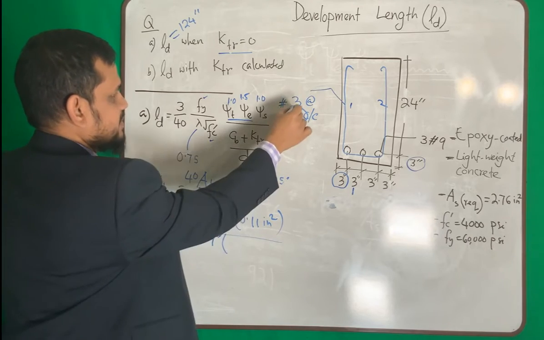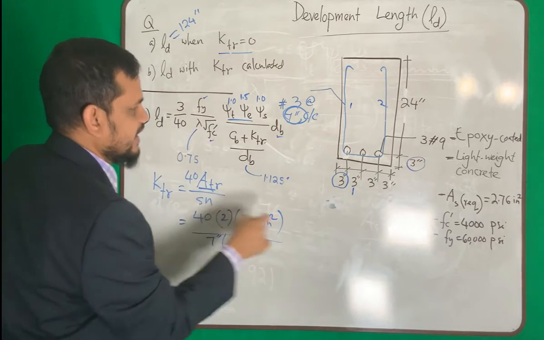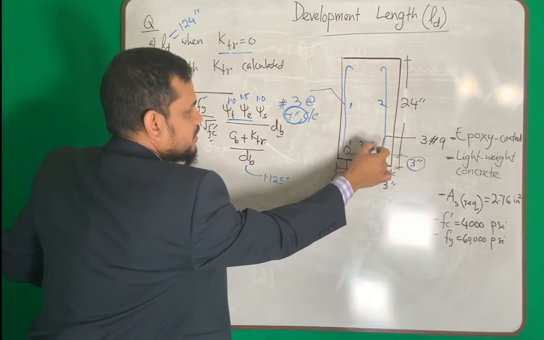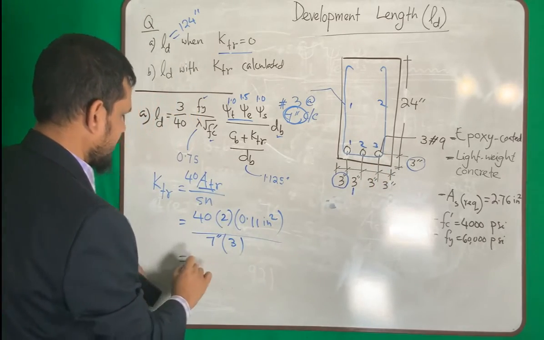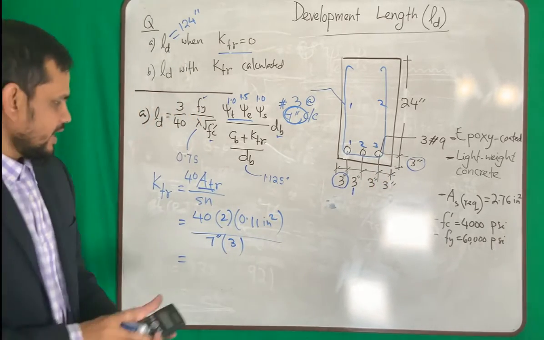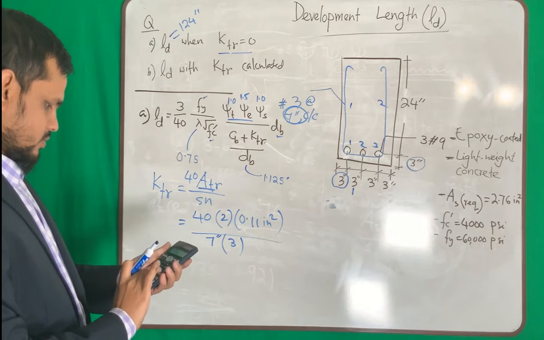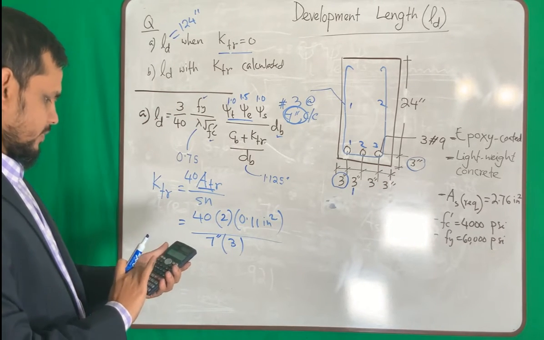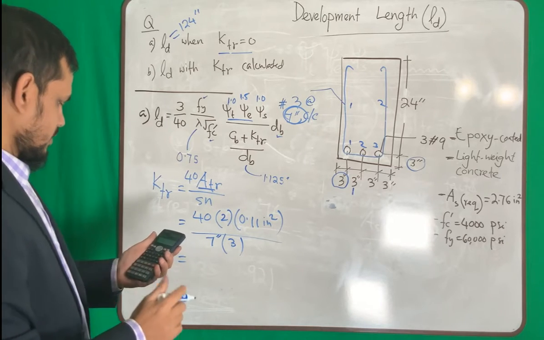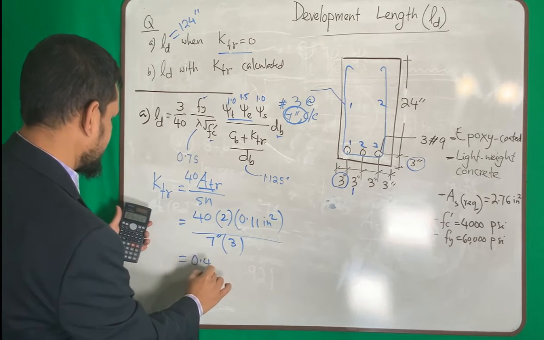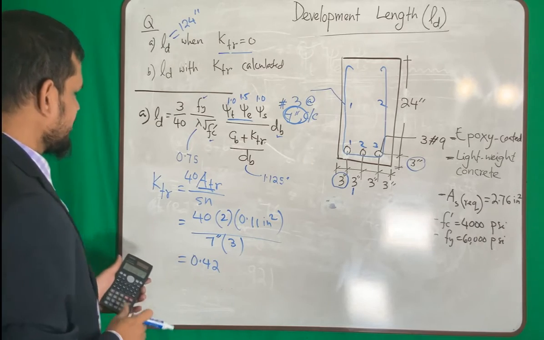What is N? N is the number of bars, 1, 2, 3 bars. If I calculate very quickly, I got 0.42.